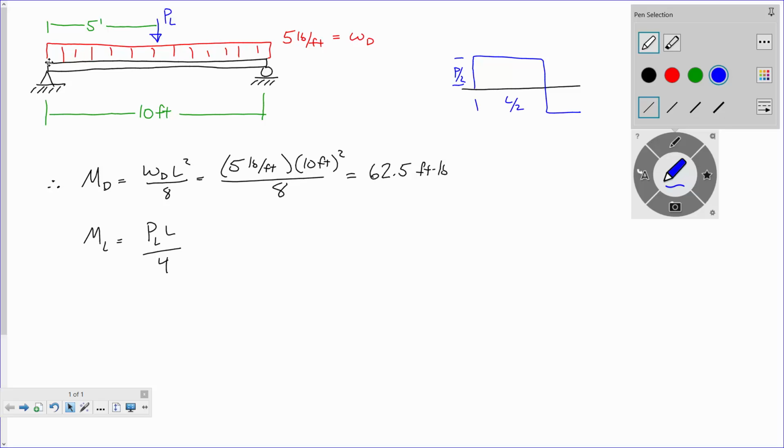So that is P sub L times 10 feet over 4, so it's P sub L times 2.5 feet. We don't know what P sub L is yet, right? Everybody, is that fair?